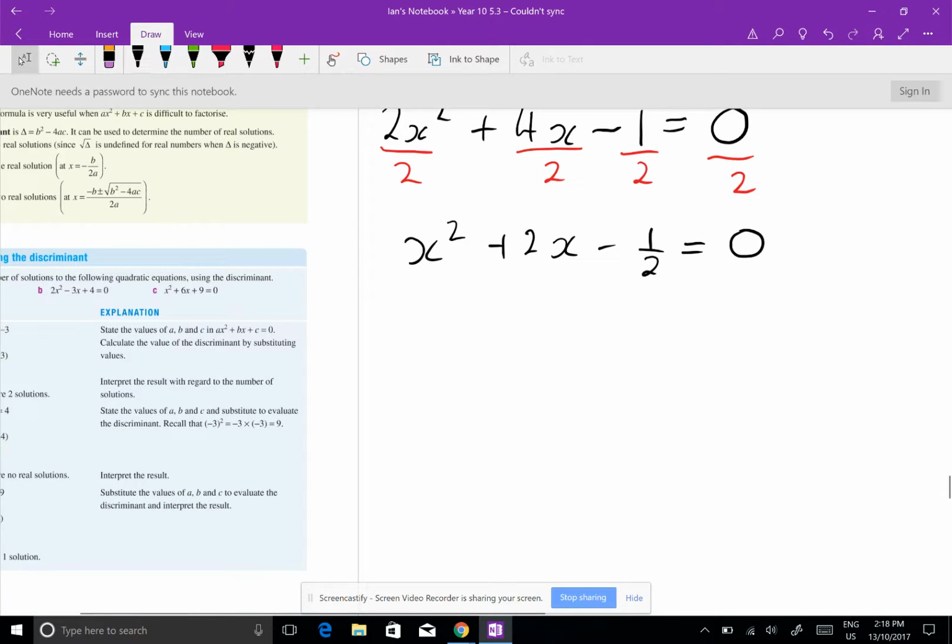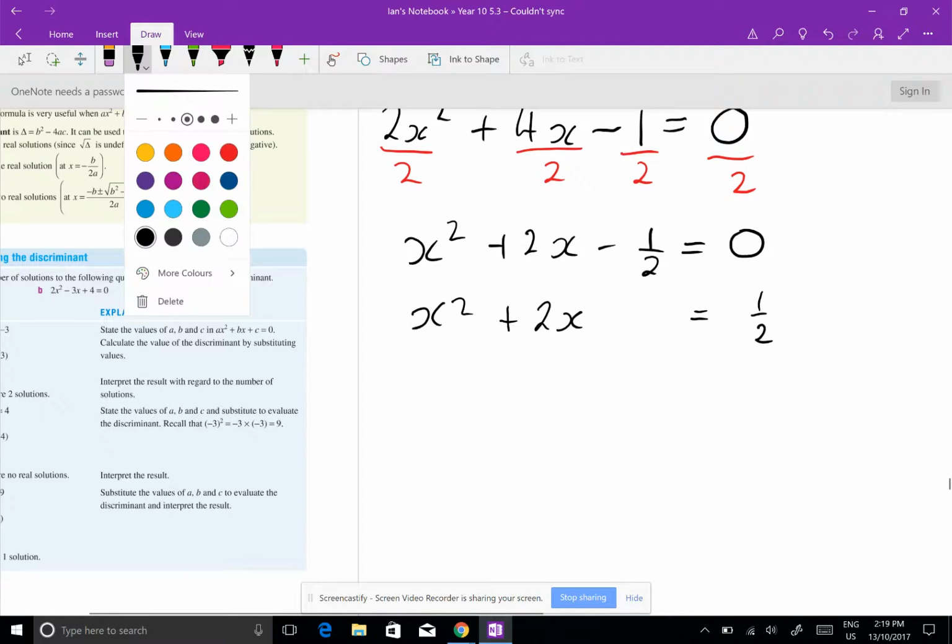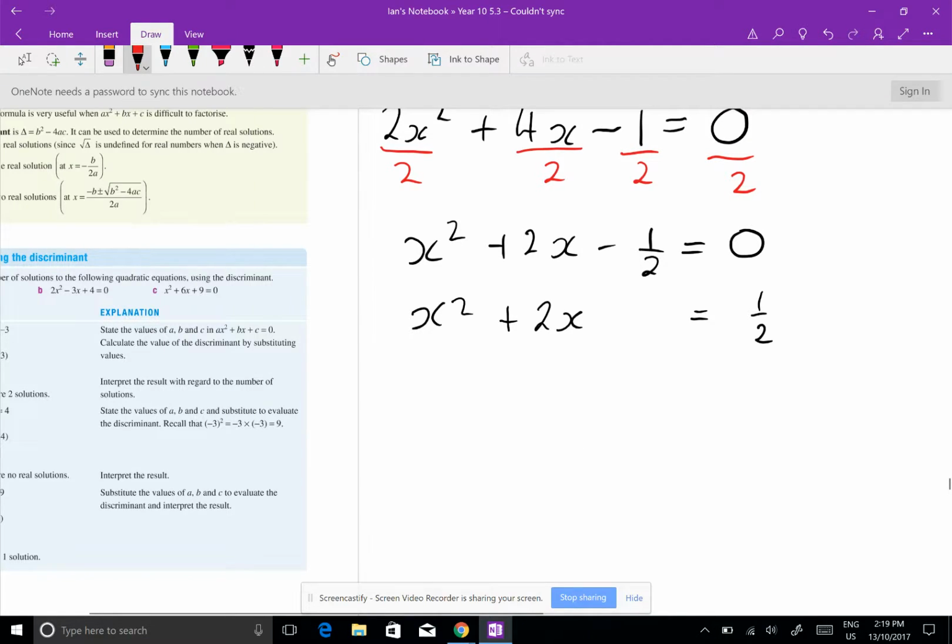Now do the same. x squared plus 2x equals a half. Halve the 2 and square it. So a half of 2 is 1. Square 1 is 1. Add it. So add 1, add 1.